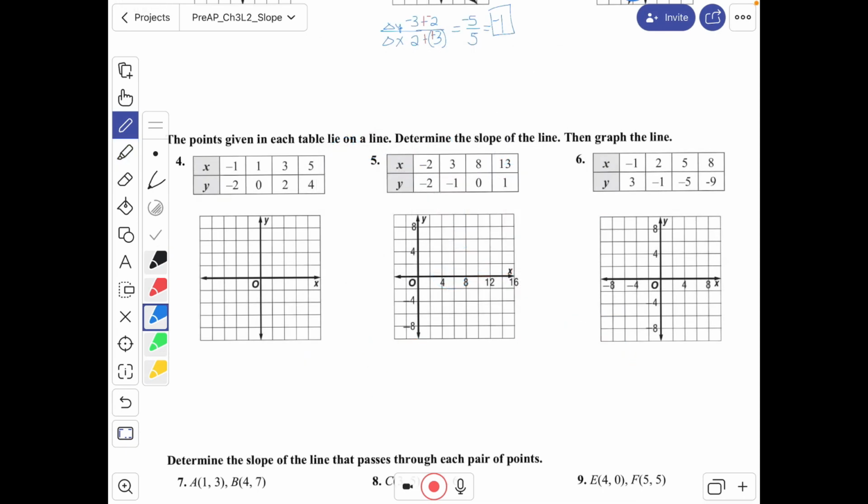You're also going to have some questions where they give you tables and you have to find the slope. You're not going to have to draw the graph, but you are going to have to find the slope. So you can pick any interval you like. Let's just pick the first 2, or you might prefer to pick positive numbers if you're not doing very well with the integer rules. But it's change of y over change of x.